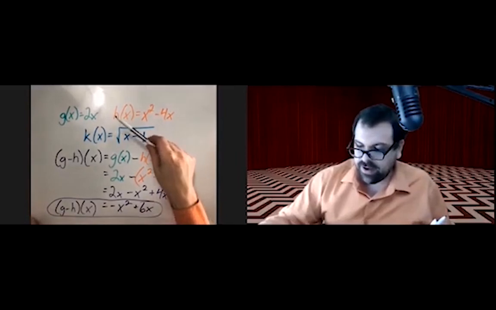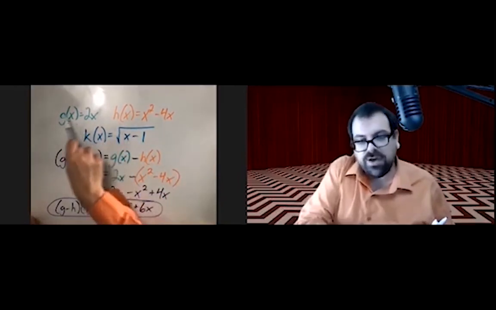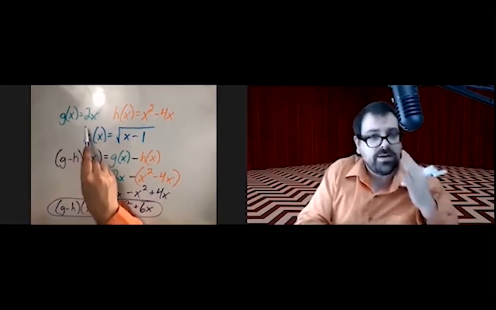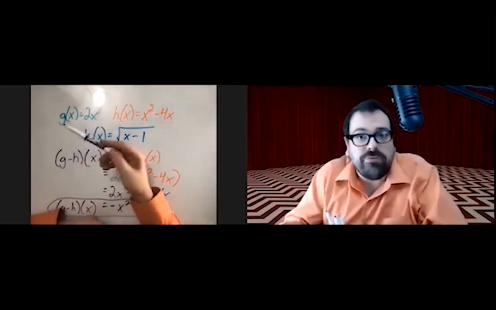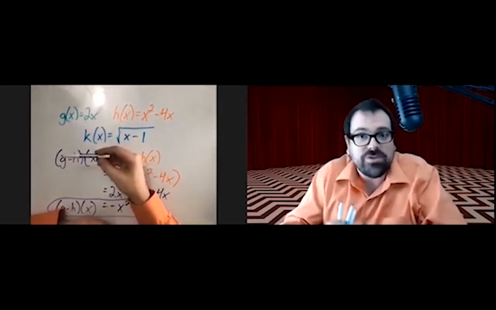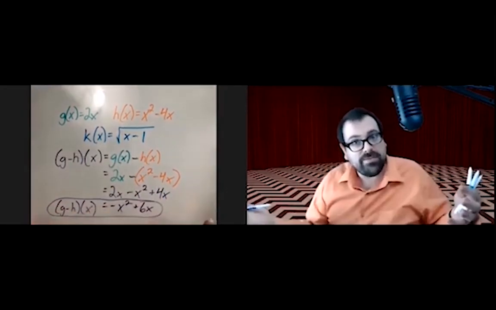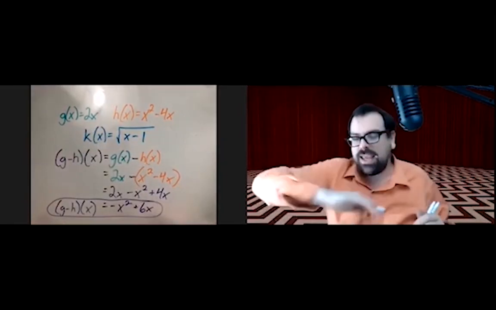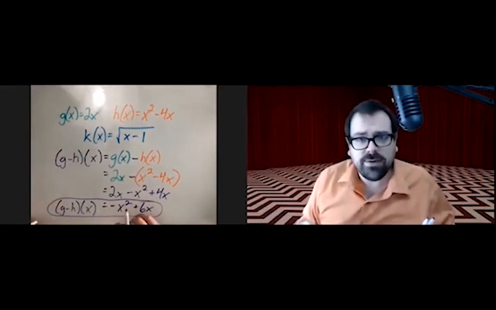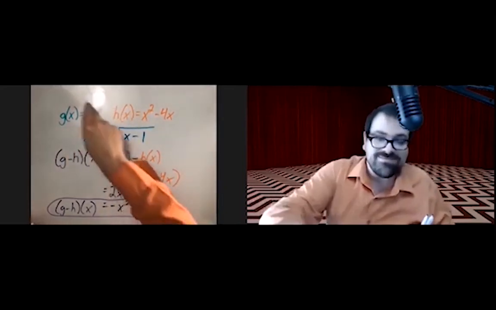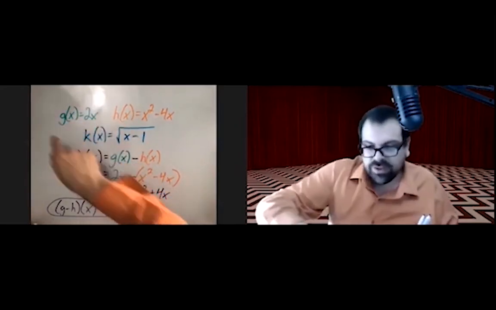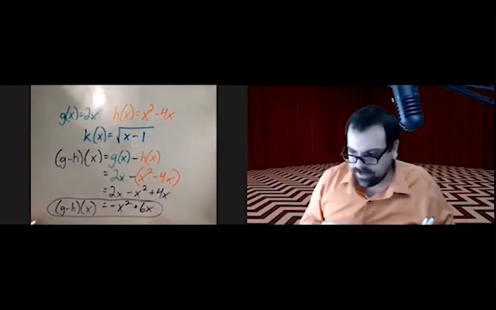The domain of g of x would be all real numbers. There are no restrictions. There's nothing we can't plug in. And remember, we find the domain by figuring out what we can't have. The domain is everything we can have. So it's easy just to pick out the things we can't and say everything else is the domain. Here, there's nothing to pull out because nothing makes this undefined. So everything is in the domain.